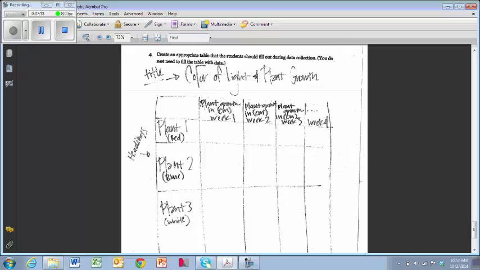The title must have the independent and the dependent variable listed. So color of light and plant growth show the independent variable and then the dependent variable. If they write something at the top like just color of light, they wouldn't get credit for having an accurate table because the table must include both.